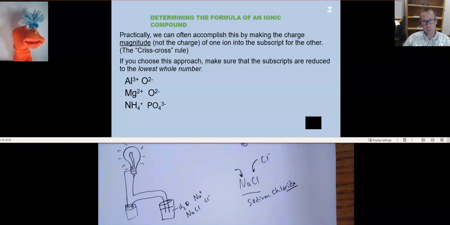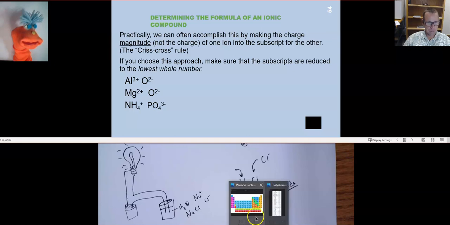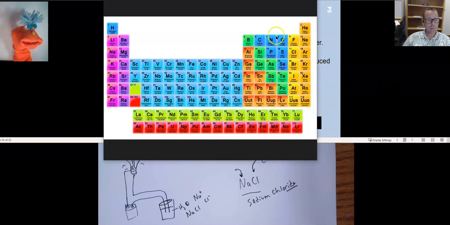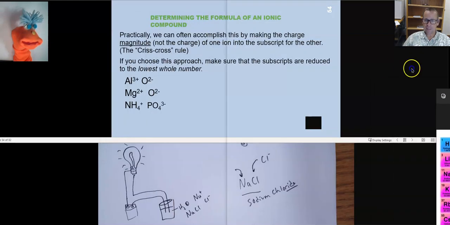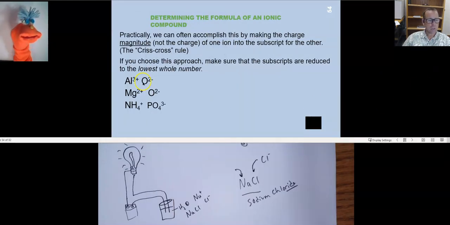So when we create an ionic compound from, let me bring in our periodic table here, a metal and a nonmetal, the anion, which is the nonmetal, takes on the "ide" suffix, okay? So sodium chloride. So this isn't the oxygen ion, but the what?